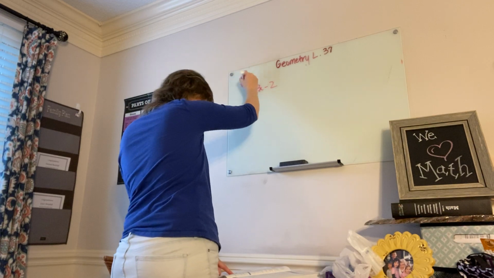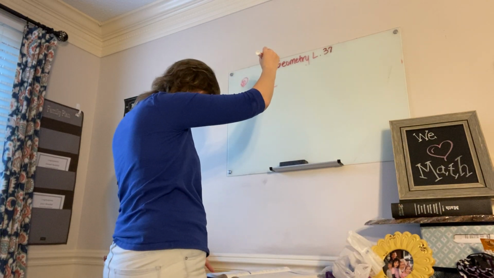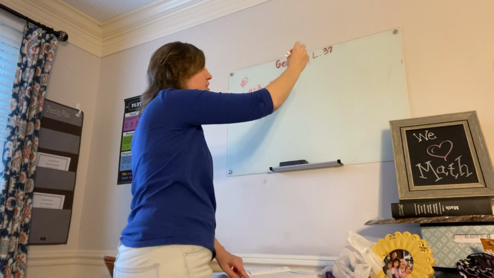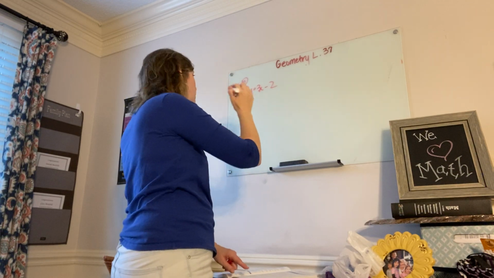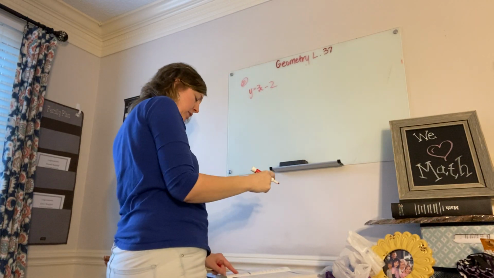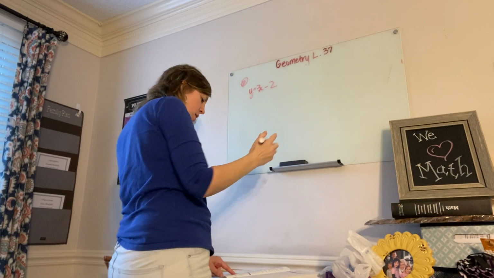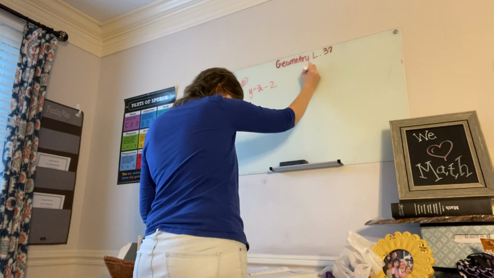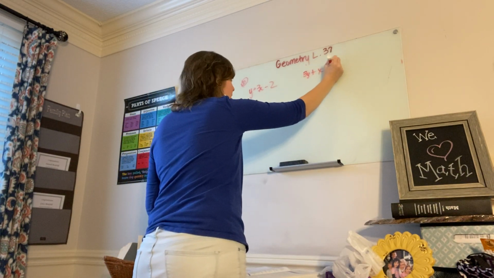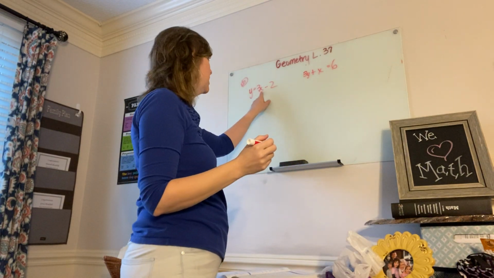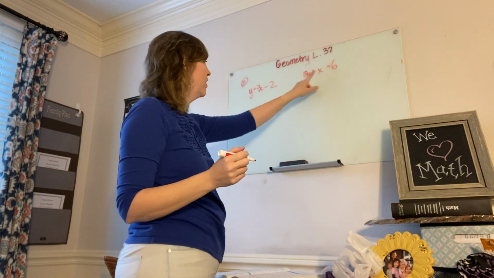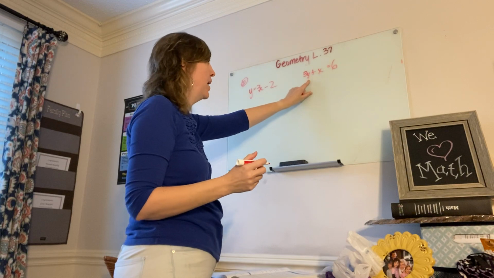And again, this is letter B on lesson 37. So the first one is in slope-intercept form. The next one is 3y plus x equals 6. Now, don't be tempted to say, wait a minute, the number in front of the x is different. Remember, we have to have y by itself.